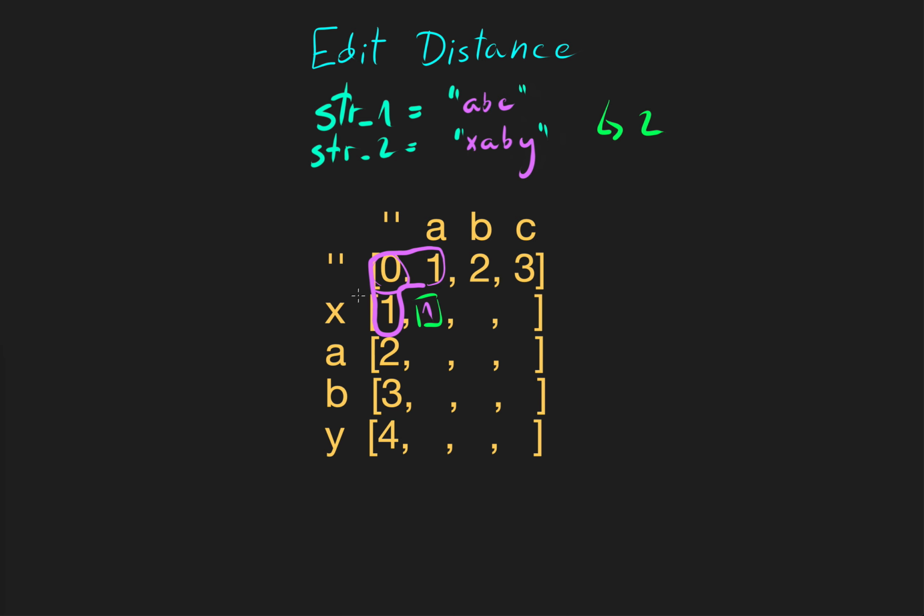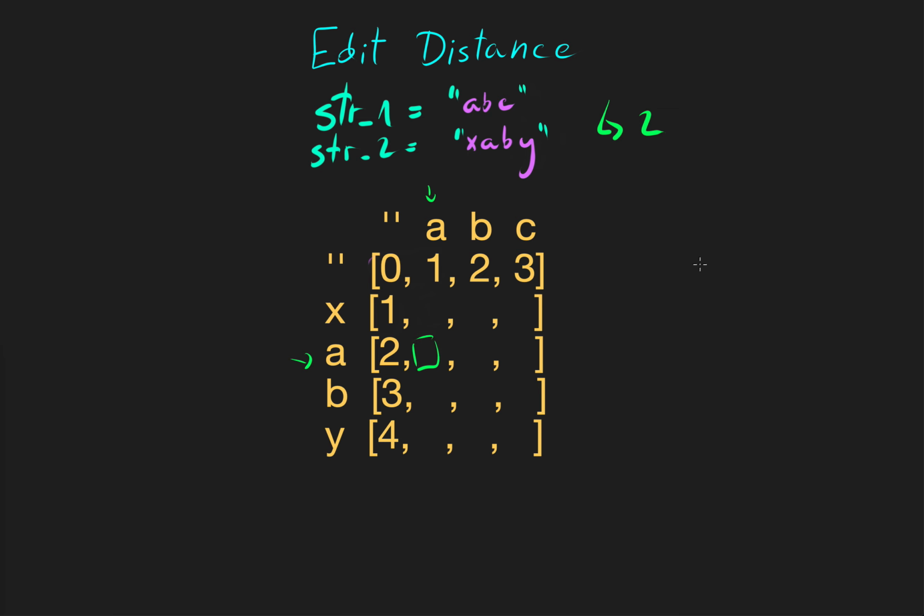Cool. That's one thing we need to look at. But if the characters are the same, like in this cell here, where we have A and A, let's just delete this. From this example, we have A and XA.